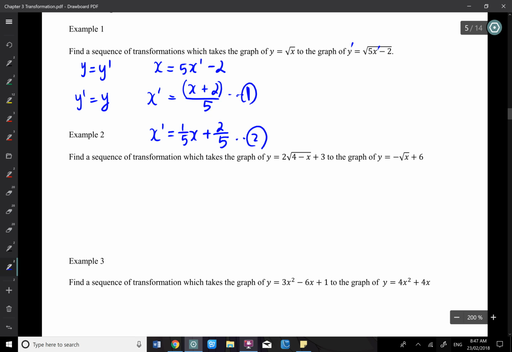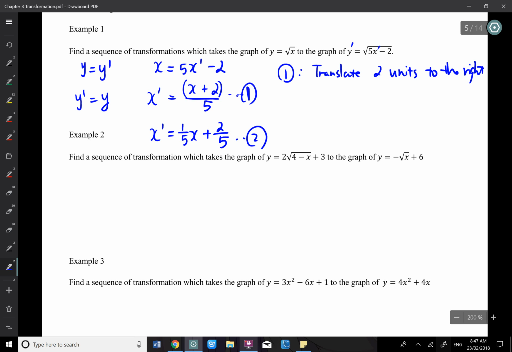Number 1, I should describe it like, okay, translate 2 units to the right, and then dilate by a factor of 1/5 from the y-axis.